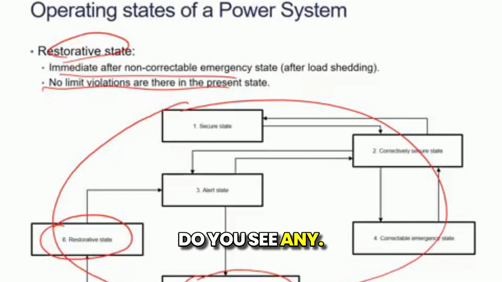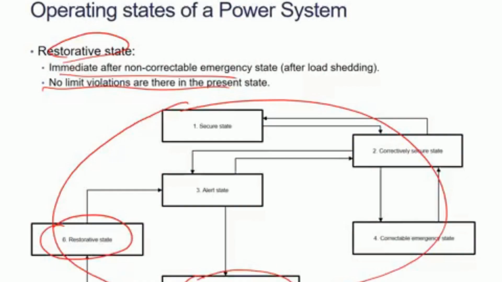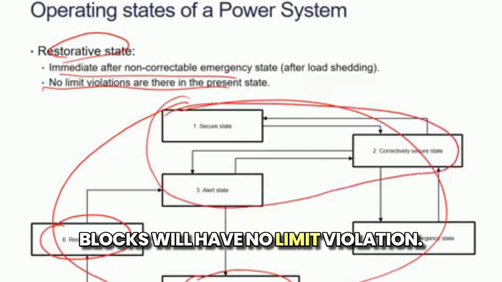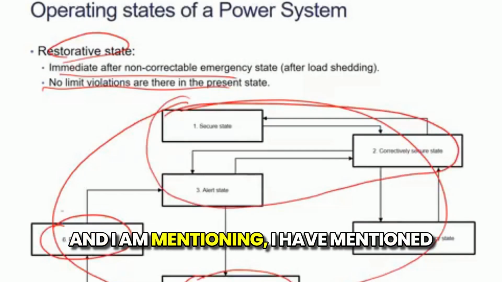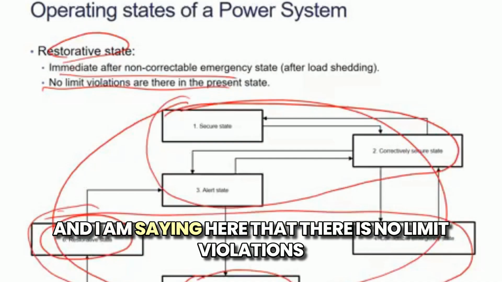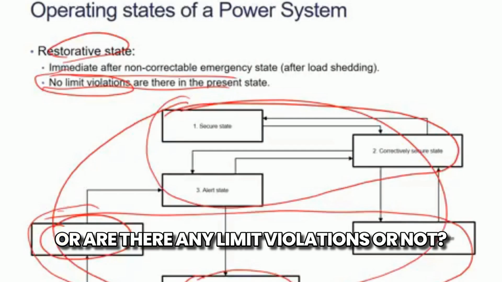Now do you see anything curious or weird here? I mentioned at the start that blocks 1, 2, 3 will have no limit violation, and that 4, 5, 6 will have limit violations, and I am saying here that there are no limit violations in the present state. So what am I missing here? Are there any limit violations or not?